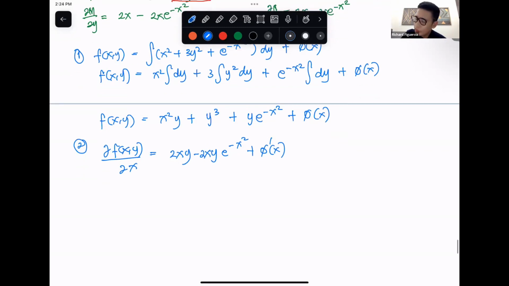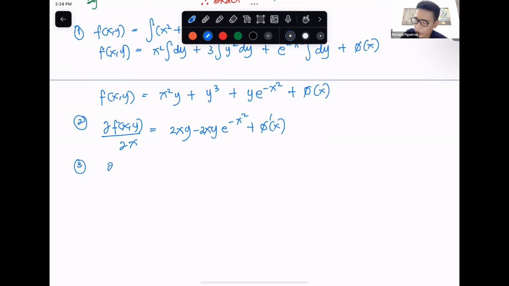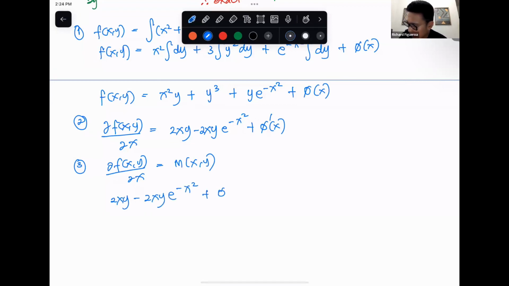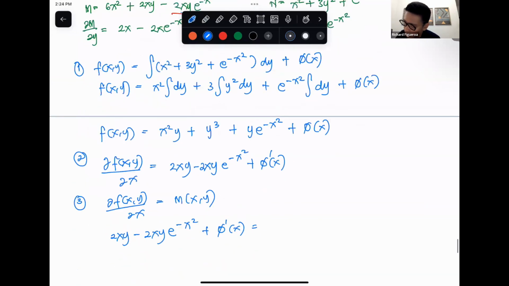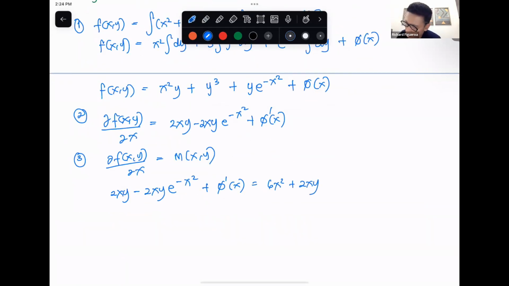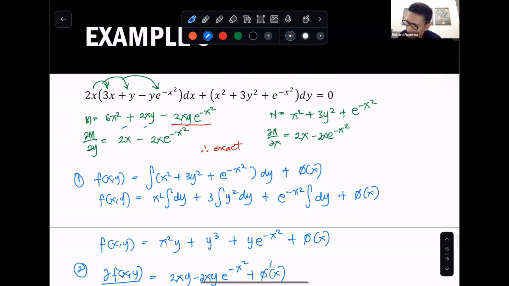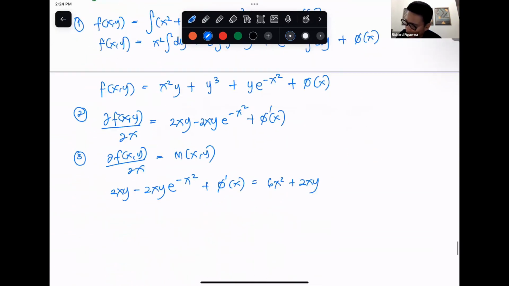For our third step, we equate this to the M function. So 2xy minus 2xy e raised to negative x squared, plus p prime of x, will be equal to M: 6x squared plus 2xy minus 2xy e raised to negative x squared.